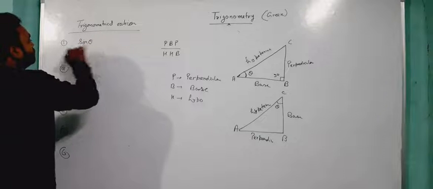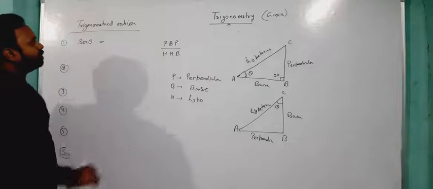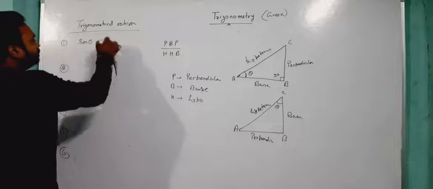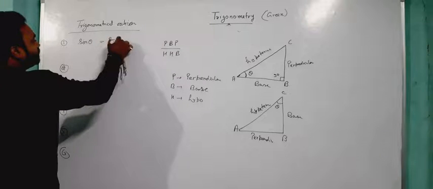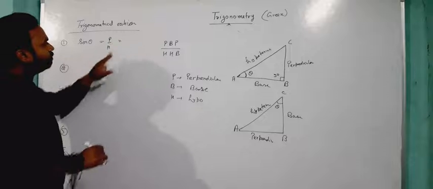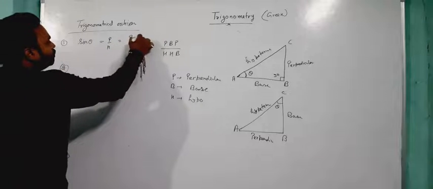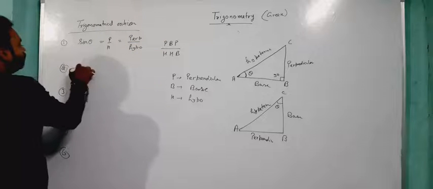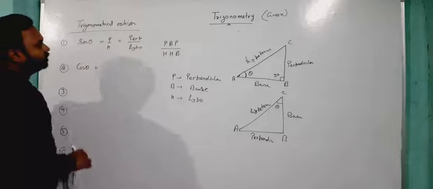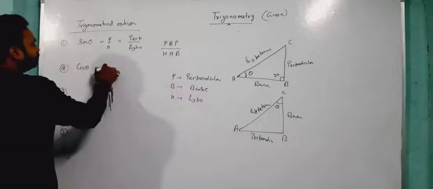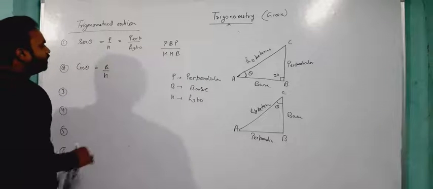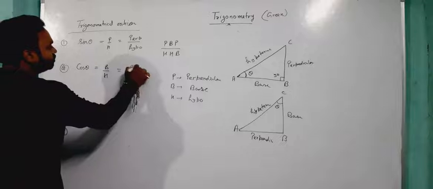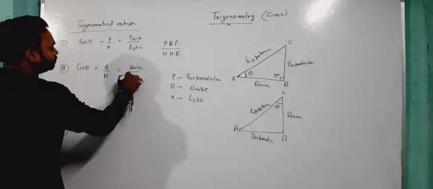Sine theta is equal to P upon H, that means perpendicular upon hypotenuse. Cos theta is B upon H, that means base upon hypotenuse.